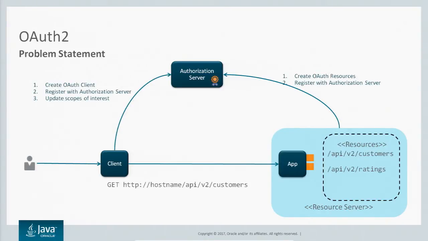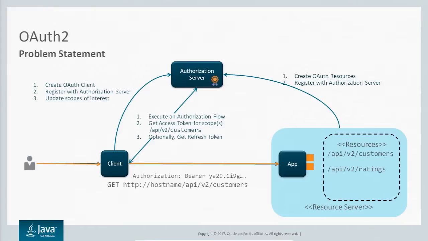The client also has to register and update the scopes that it's interested in. Then it needs to execute an authorization flow, getting an access token for those scopes, and optionally a refresh token. Then it calls the application on the server, passing the token.